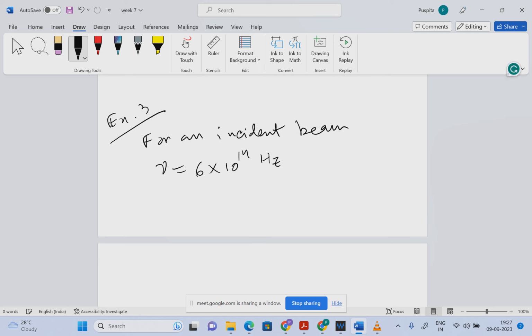And the spacing between the mirrors is 10 centimeter.